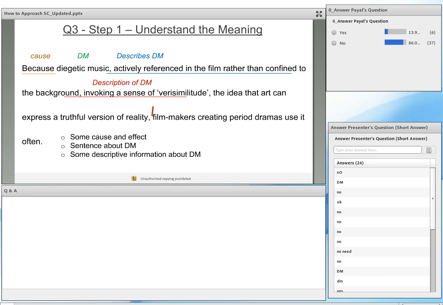So far, I was all deep into DM, diegetic music, right? The author told me a lot about diegetic music, how it is used, what it invokes, and he described the stuff that he invoked, right? But now all of a sudden, filmmakers came into the picture. So there was a bit of a jump here, right? How many of you experienced that jump?